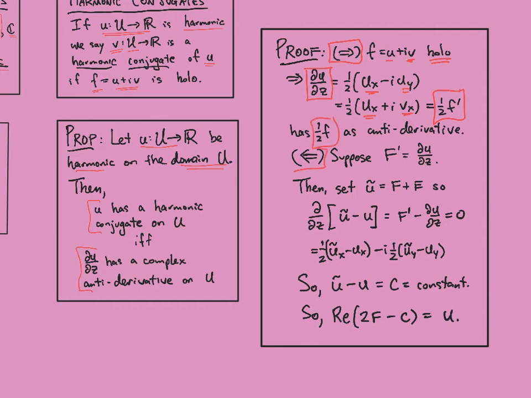For the converse, suppose we found a complex antiderivative of this holomorphic function du/dz, and we have to do a little playing around with this, but basically capital F is what we want. To see that, set u tilde to be 2 times the real part of capital F, so F plus F bar.